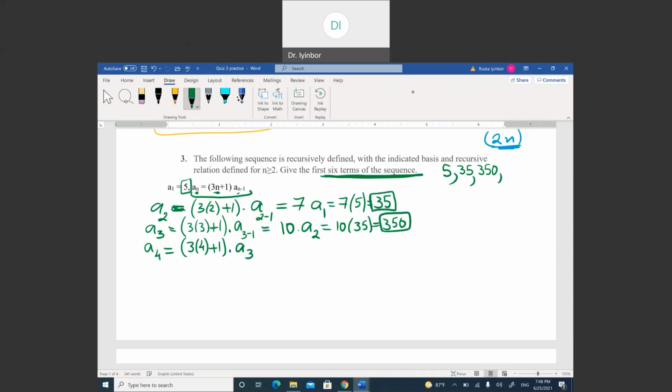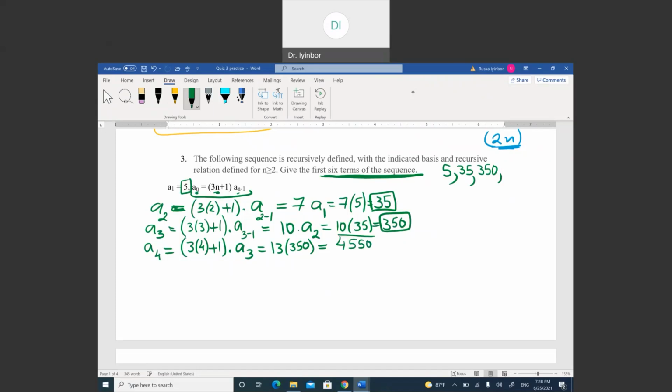So we're going to get 12 plus 1 is 13 times 350. And we're going to get, what is that? 350 times 13 is, it's a big number, 4,550.